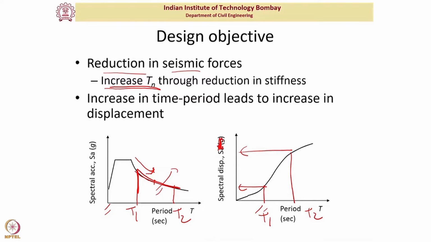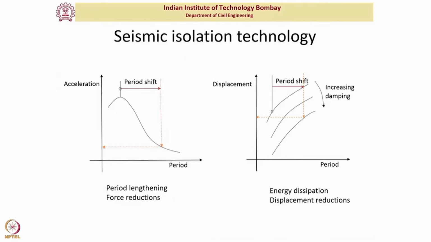So we need to control displacement as well. Now we know by increasing the time period we can decrease the force, but increasing the time period is creating a problem because it is going to increase the displacement. So I need to address that issue. Let us see how we do that.